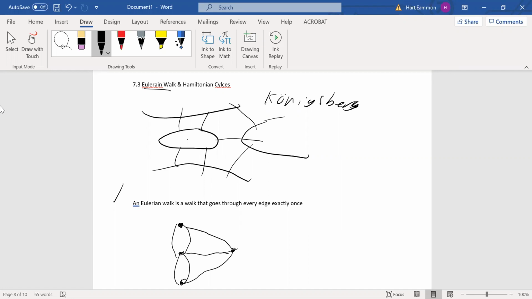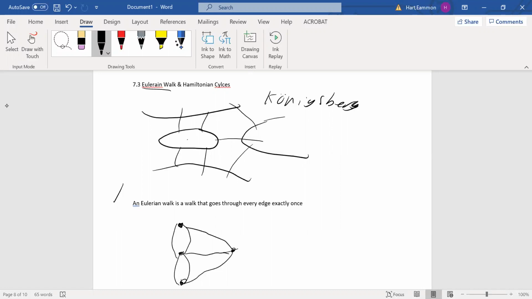Königsberg was a city then in Germany, now in Russia, I believe. Yeah, it's Kaliningrad. So the idea is, can I pass over each of these bridges exactly once? And it's going to turn out that's not possible.